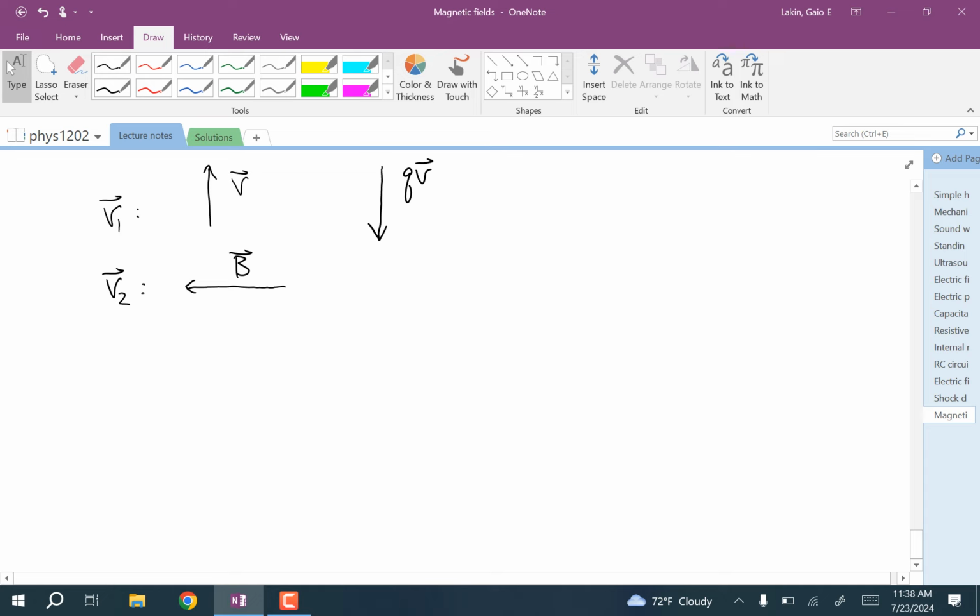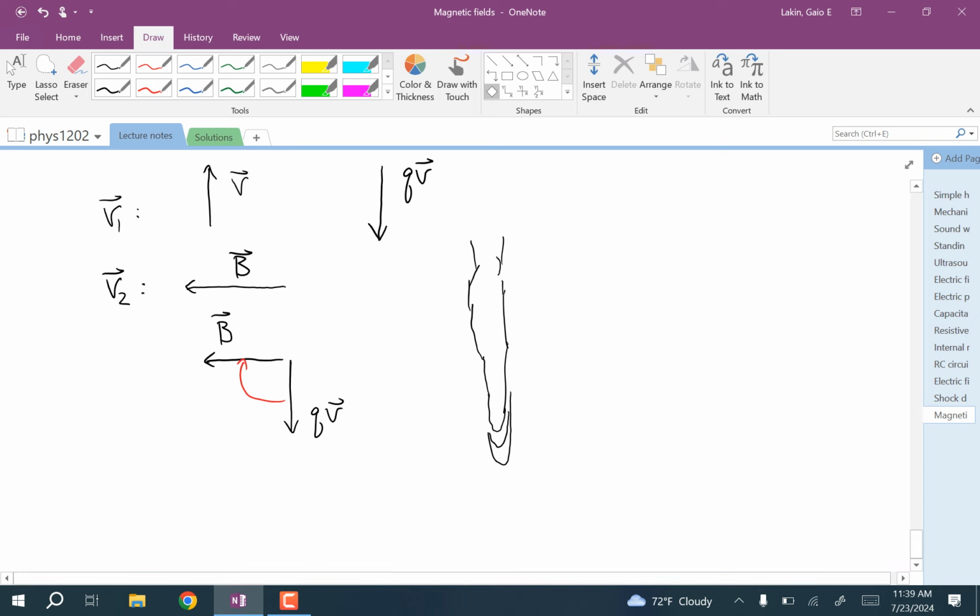And so we want to curl our fingers. Our rotation is going to be from QV in this direction to B in this direction. Okay. And if you think of the right-hand rule, we'd be looking at the hand from the side like this. The thumb is on the other side. Okay, so that's the first vector.